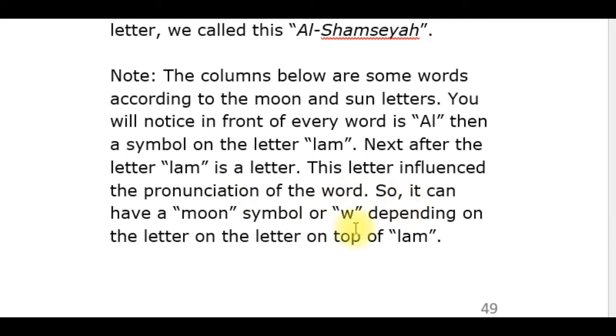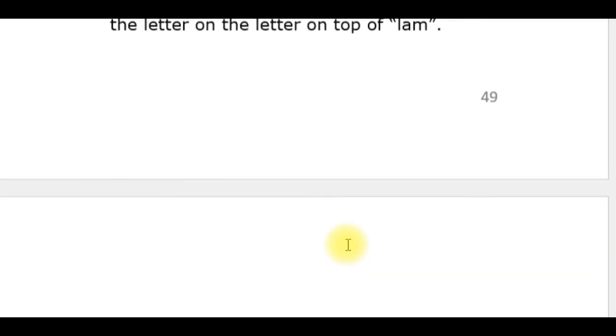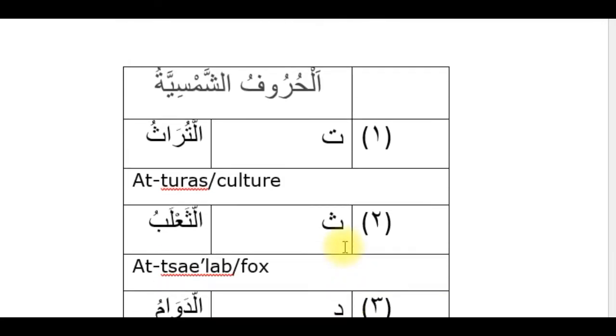So it can have a moon symbol or W depending on the letter after the lam. Let's look at some examples. Al-Huruf Shamsiyah. These are the letters you need to memorize. Whenever there's an al, look at it, there's a W there. We call this shaddah in Arabic.